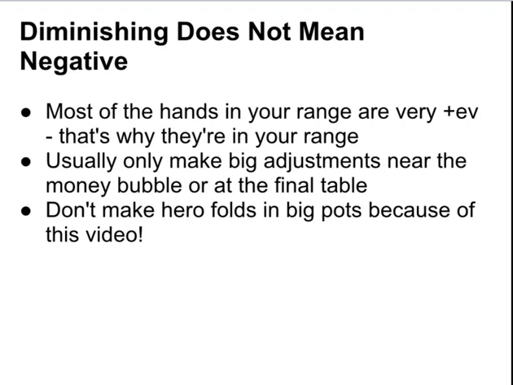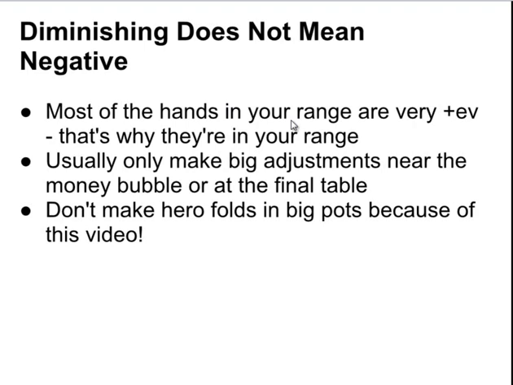In fact, I usually only make big adjustments near the money bubble or at the final table, and so I'm going to make sure to specifically talk about both of those. But other than that, a lot of times you're in the money, and the payouts of a tournament will increase by some ridiculously small fraction.